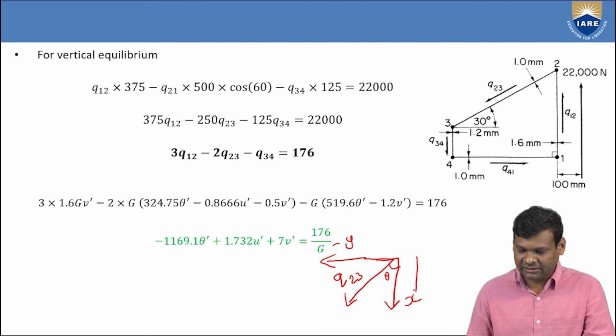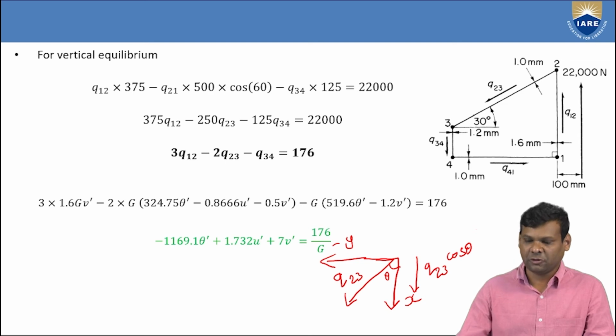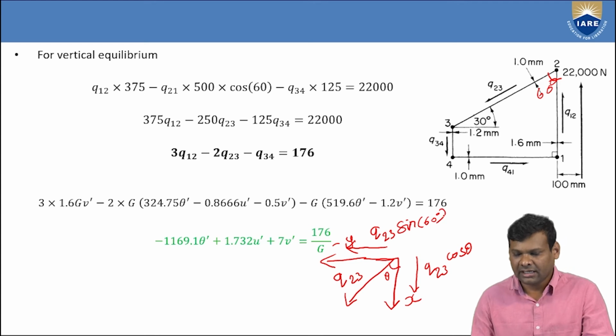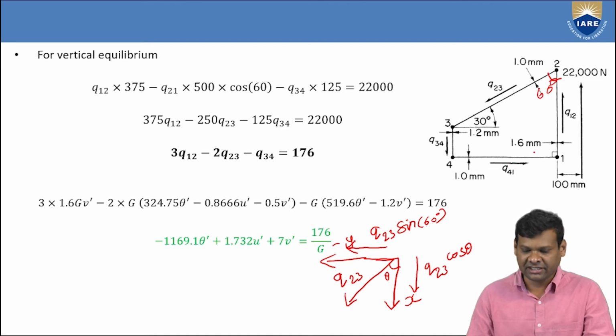Along the downward direction, it is Q23 cos theta, where theta corresponds to this angle, ultimately 60 degrees, so cos 60 degrees. And along the negative y direction, it is Q23 sin 60 degrees. And let us look into Q34. This is towards down, and this element is not contributing towards the vertical equilibrium.